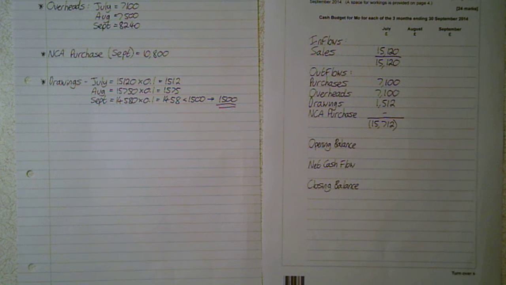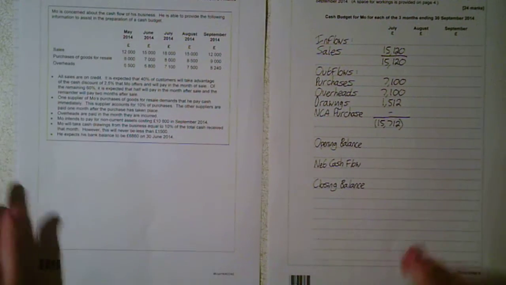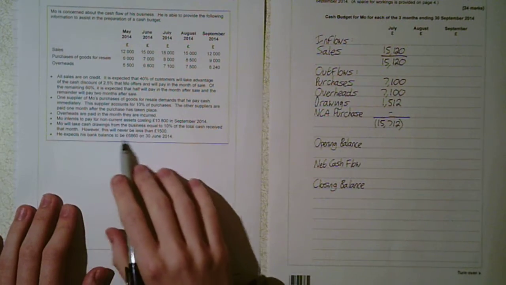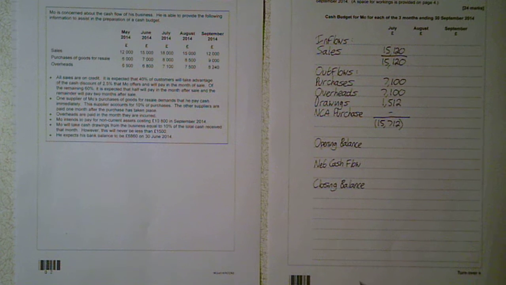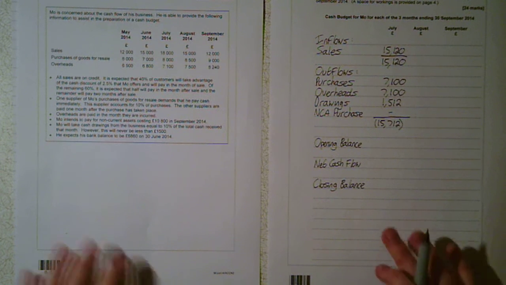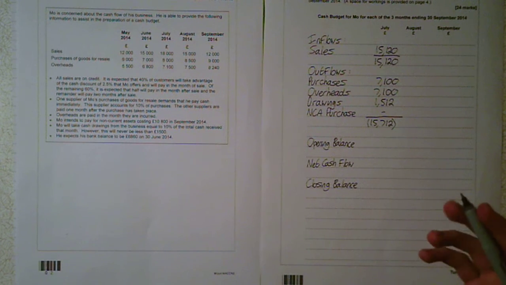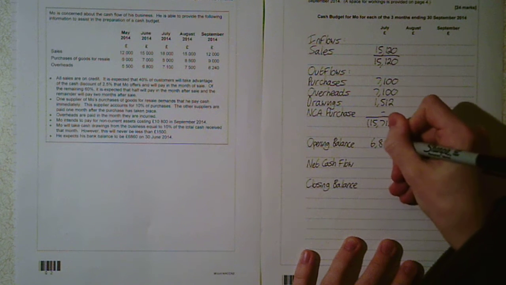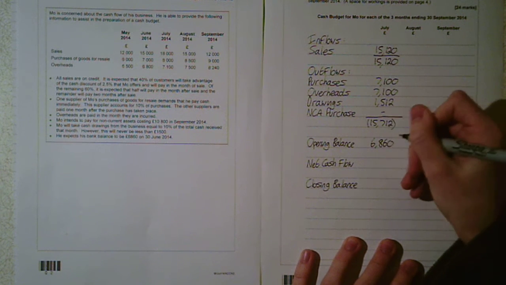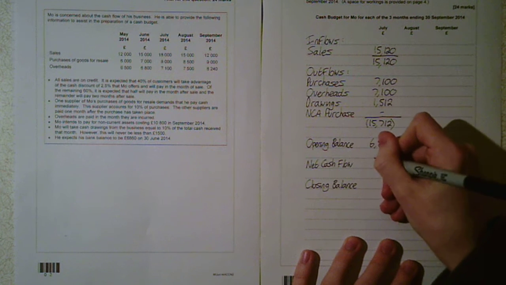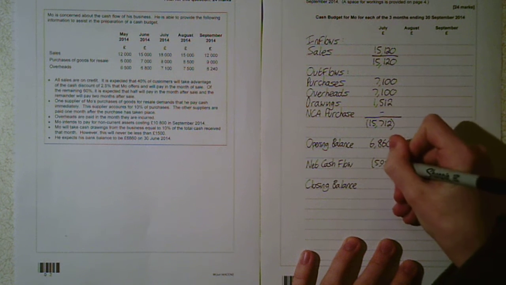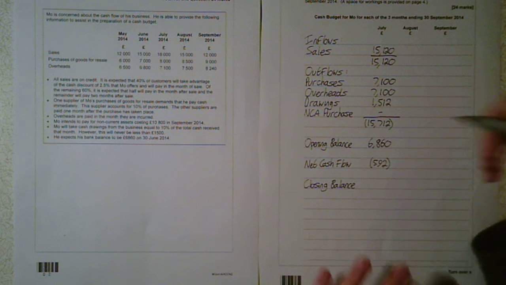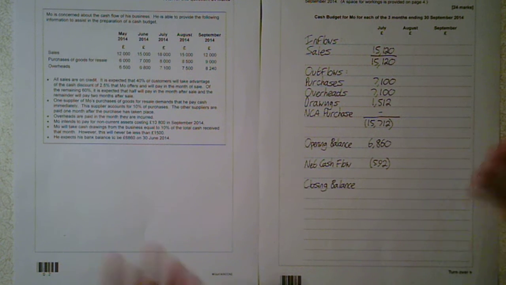So I'll bring the question paper back now. Mo expects his bank balance to be 6860 on the 30th of June 2014. So on the 1st of July, it's the same figure, is what we assume. 6860 is his opening balance. The net cash flow for the month is negative 592 because our outflows exceed our inflows.